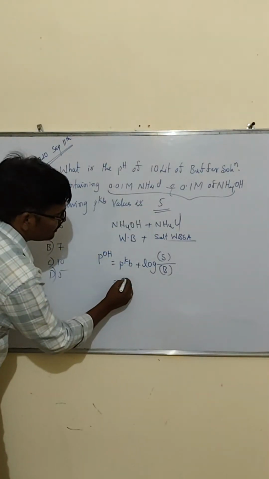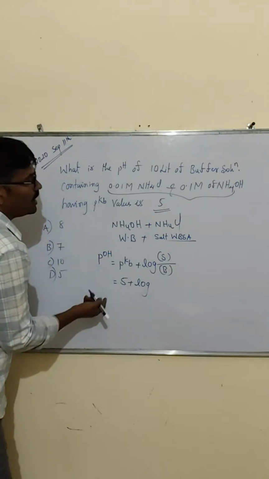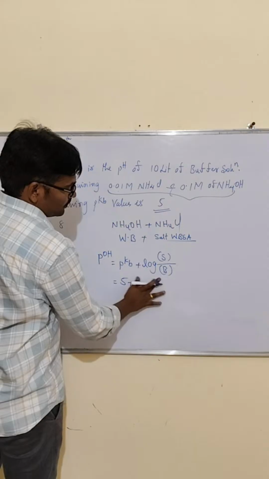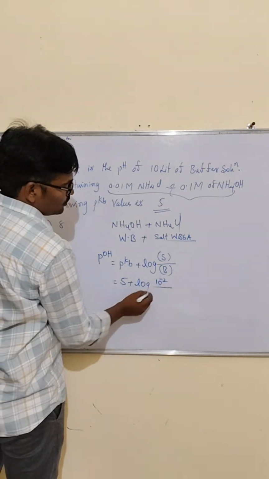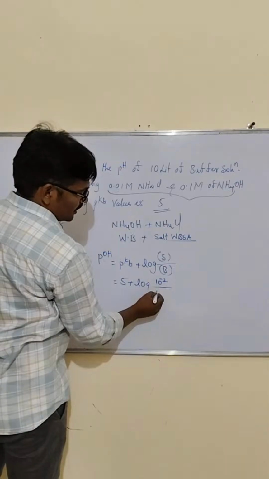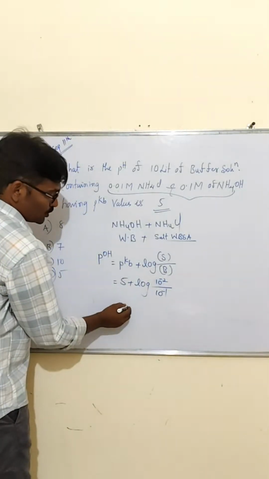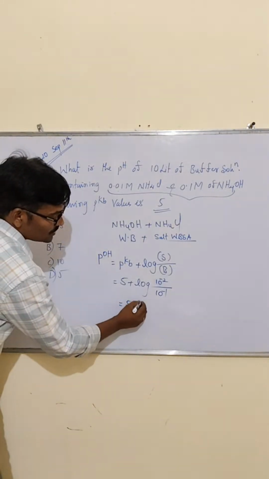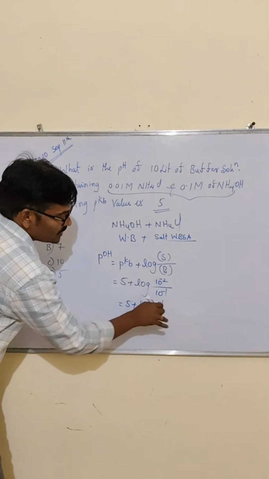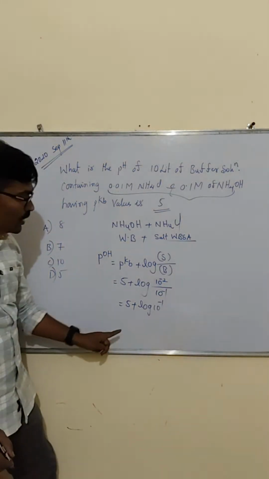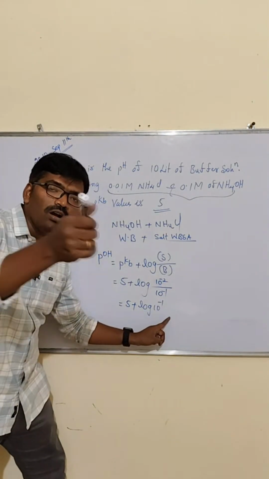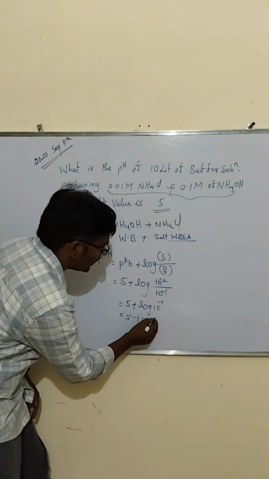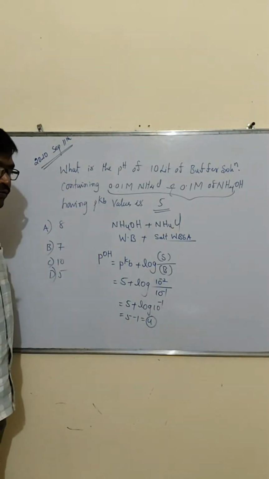How much is there? 5 plus log salt concentration, 10 to the power of minus 2, divided by base concentration, 10 to the power of minus 1. So 5 plus log 10 to the power of minus 1. Clear? So you get minus 1 into log 10. Log 10 value is 1. So 5 minus 1 equals 4. So pOH value is 4.